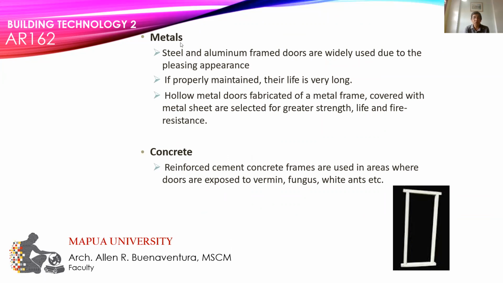Another type is reinforced cement concrete frames, used in areas where doors are exposed to vermin, fungus, white ants, and etc. Seldom can you see a door that is made of concrete, but the door frame, the door jamb, that is made of concrete is used because of the insects or the termites or the fungus or molds. So they use a different, concrete type of frame.